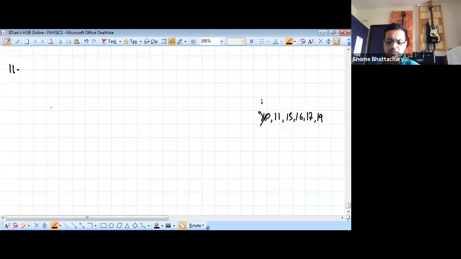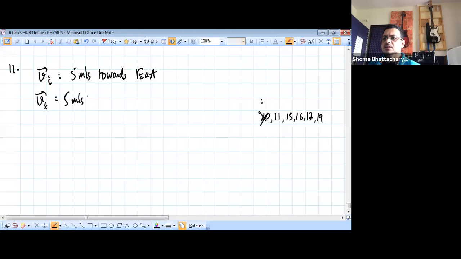It says a particle has a velocity towards the east of 5 meters per second. So my initial velocity is 5 meters per second towards east. Okay. And after 10 seconds, the final velocity becomes 5 meters per second towards north. Okay.